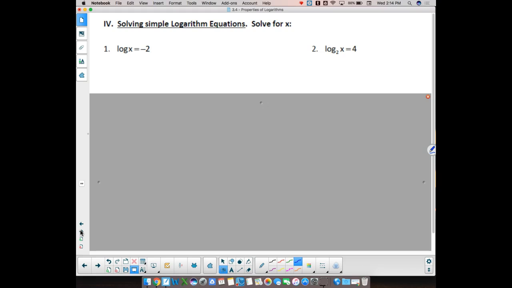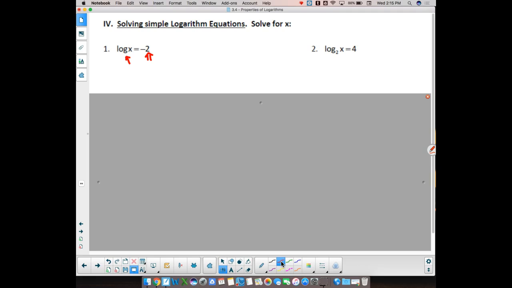So, solving simple logarithmic equations, solving for x. Okay? Remember, logarithmics solve for exponents. So that means that I look at what my base is here, and I put this exponent on it, and that gives me my x value.